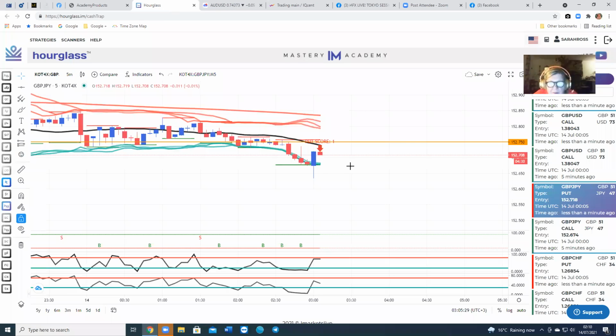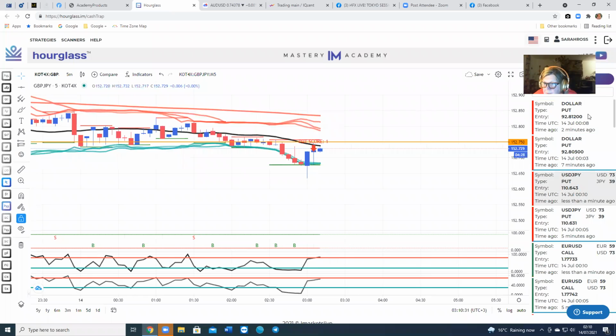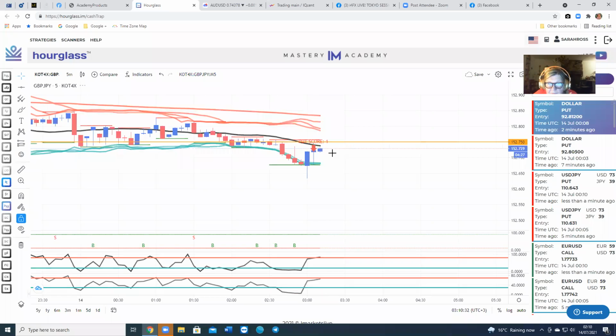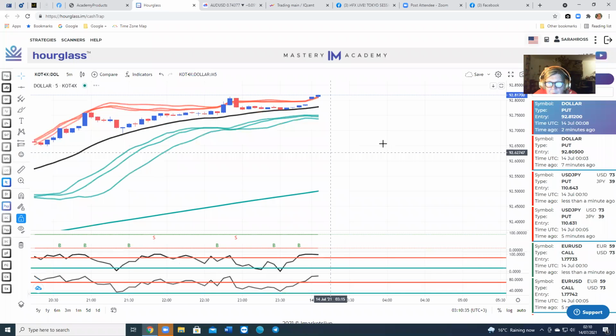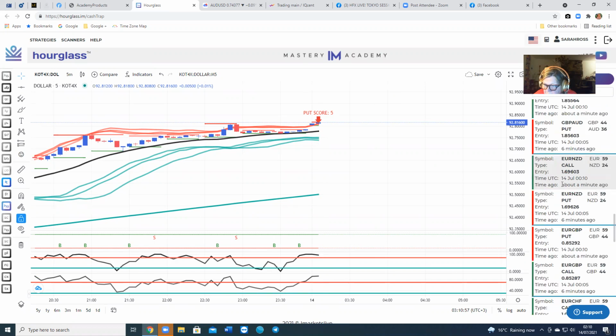Let's look at HourGlass, so see what the dollar is doing. Dollar is a put. So we don't want to be selling the Australian dollar until the US dollar takes off and gives us a call, because we want the US dollar to gain in strength if we are going to sell the Australian dollar.